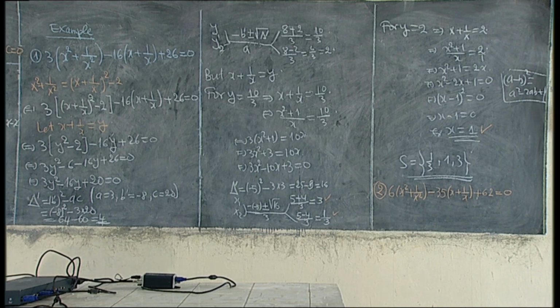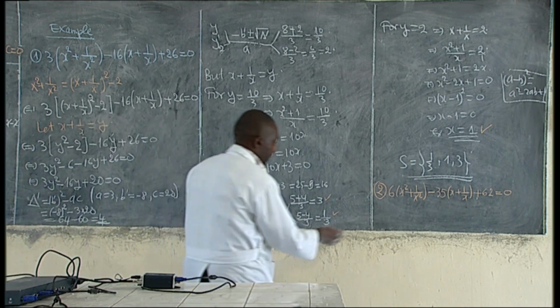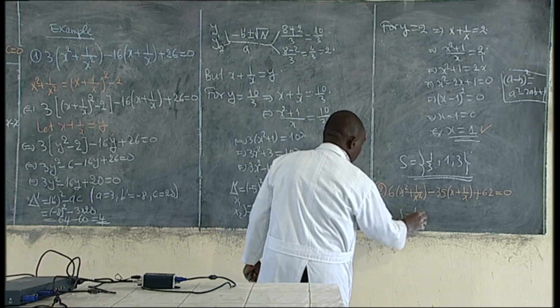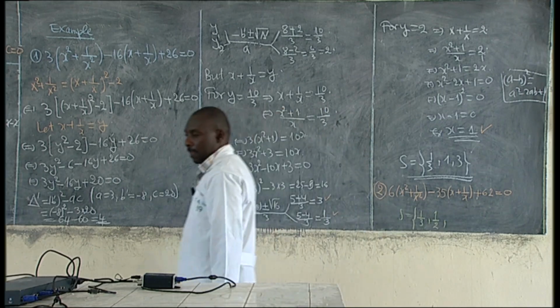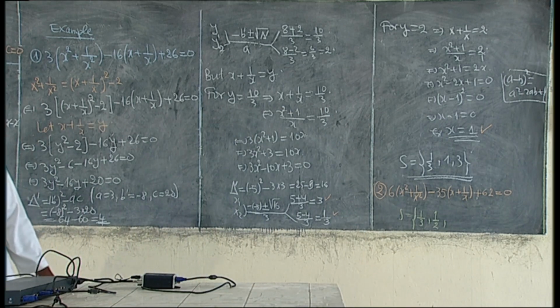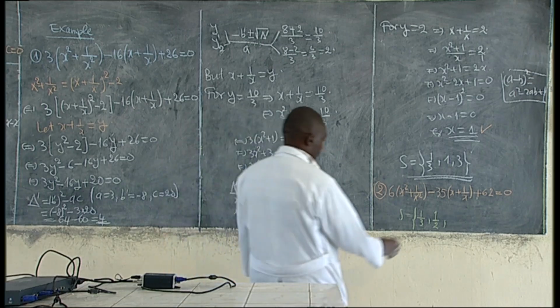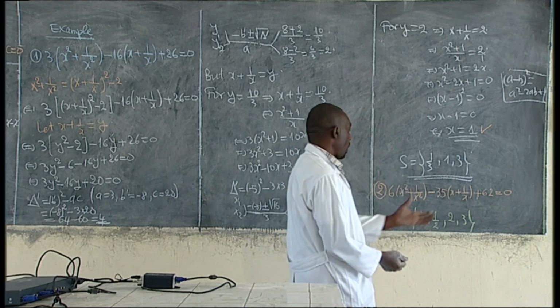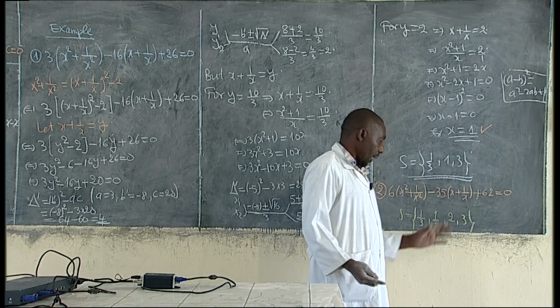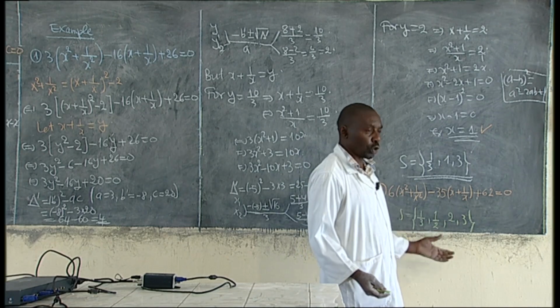The set of solutions you will have is 1 divided by 3, a half, 2 and 3. Try to work on this and check if the set of solutions is this one.